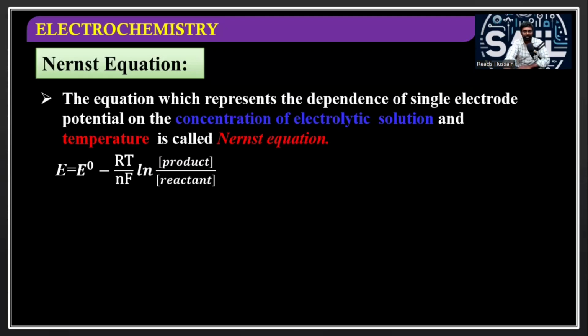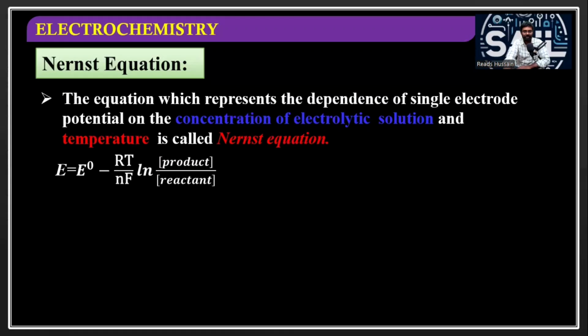E is the electrode potential at the given temperature. E naught is the standard electrode potential, which means electrode potential at the temperature 298 Kelvin, the pressure 1 bar, and the concentration of the electrolytic solution 1 M.